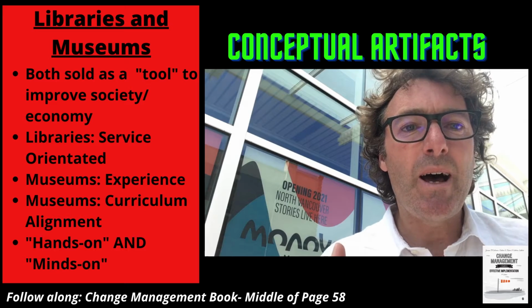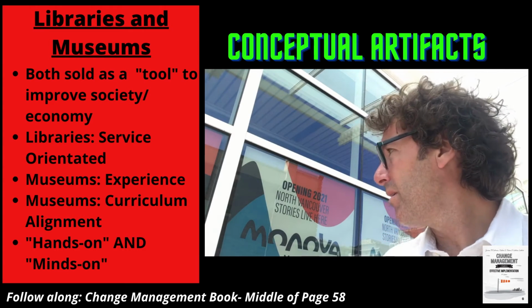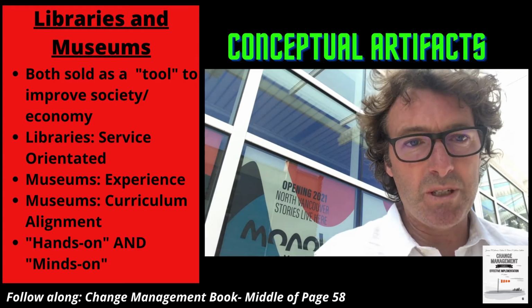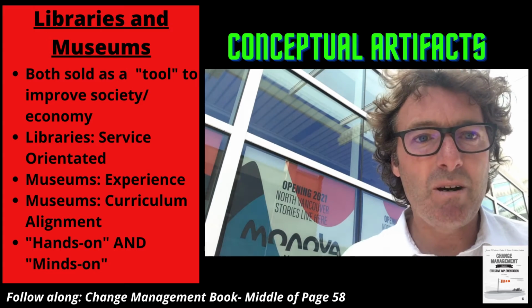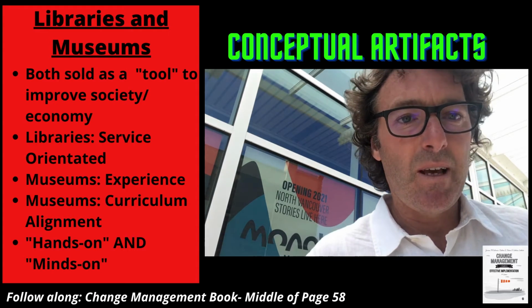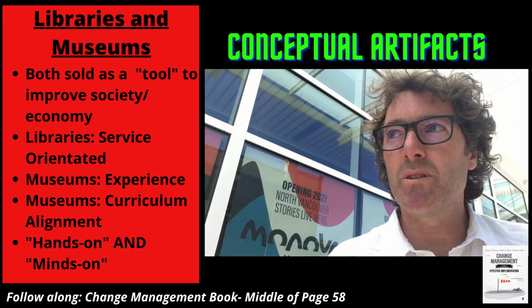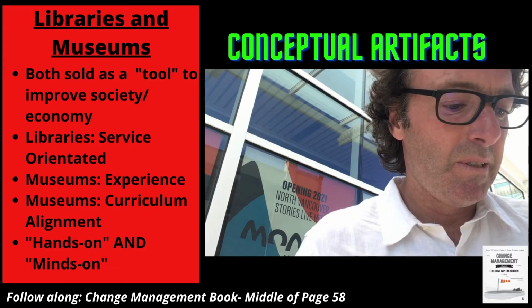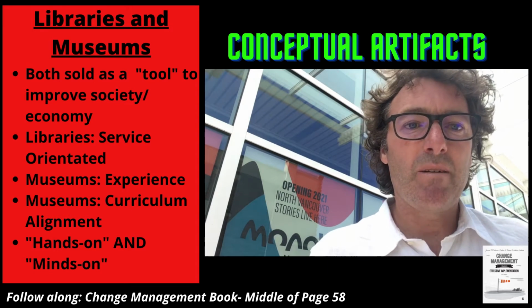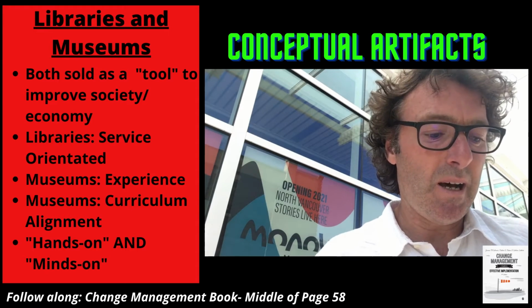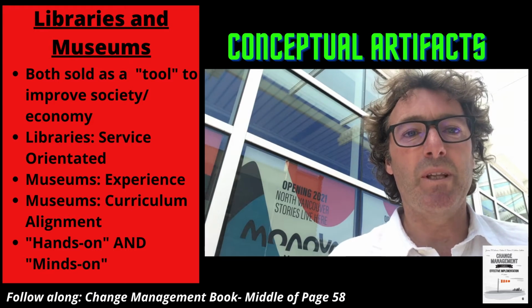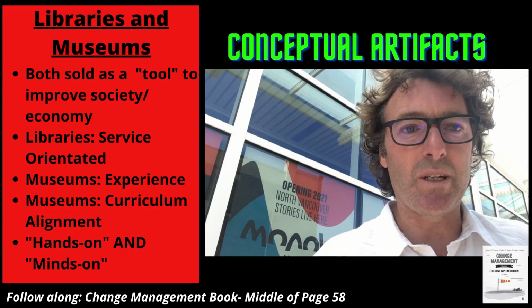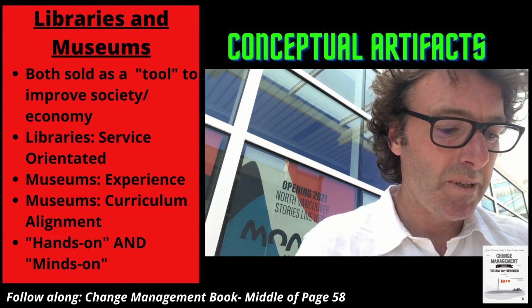So here we are at the North Vancouver Museum, just about to open in the next couple of months. And in this section of the video, I want to talk about the conceptual artifacts. So, as I mentioned earlier, public institutions are funded by the public, and also these sponsorship models that are quite common these days.